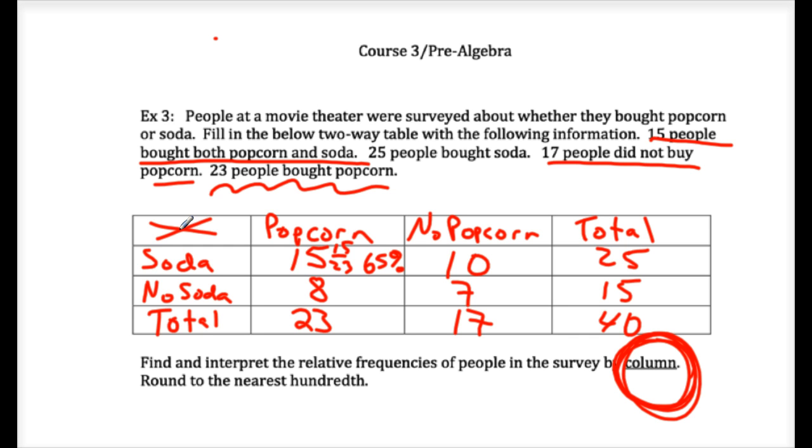Remember, in our last round we did it by rows, so we did it over 78. This is a row. You have to get it to the column. Oh, we're doing that one next. And no soda is 8 over 23.